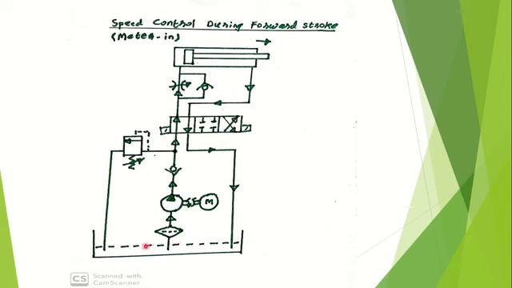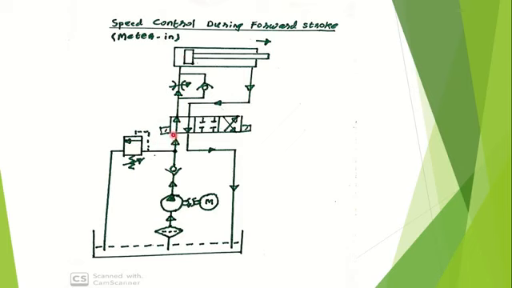The construction and the various components for this hydraulic circuit are as below. It consists of tank, oil, suction strainer, pump, motor, check valve, pressure relief valve, direction control valve, flow control valve, and actuator.